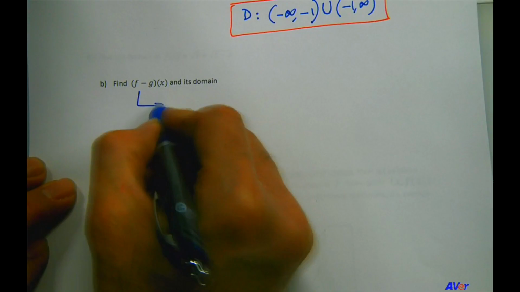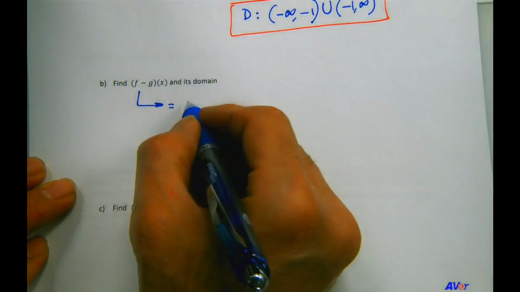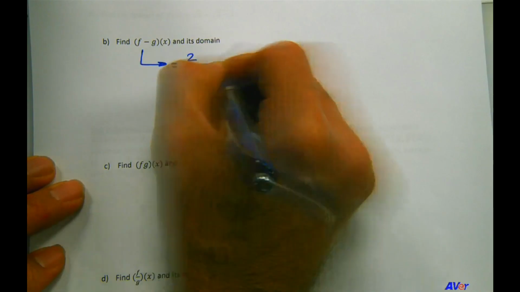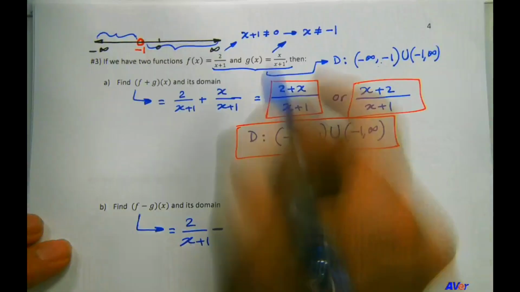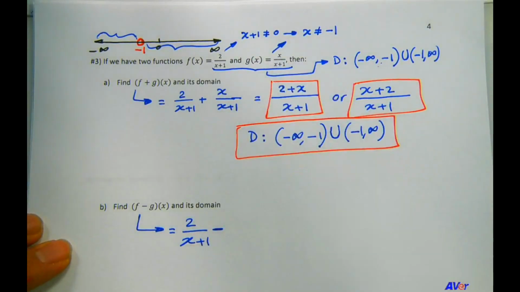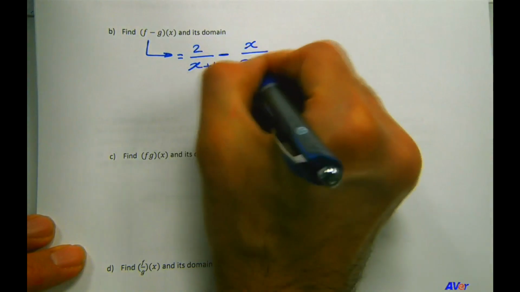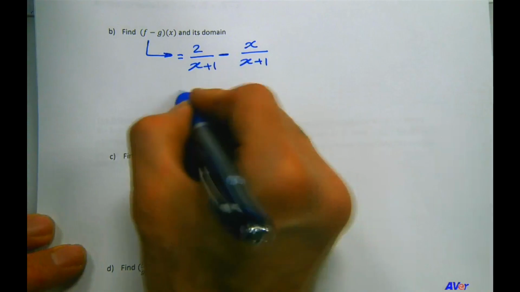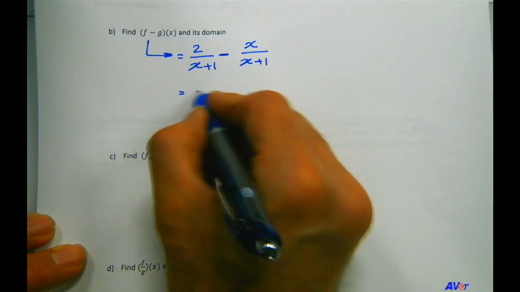So this one is equal to function f, which is 2 over x plus 1, right? 2 over x plus 1 minus, this time, g. g is x over x plus 1, right? Once again, the denominators are common, so we can easily subtract the numerators.